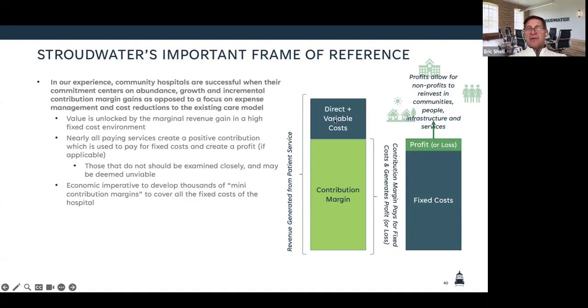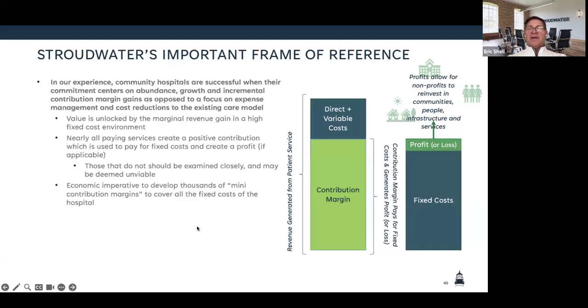Let's just say our variable expenses for this admission, food, drugs, maybe $1,000. So what we just did is we created $9,000 of contribution margin. That's what we call this. It's the difference between our revenue of $10,000 less our expenses of $1,000. Contribution margin goes to cover all of our fixed costs and our step fixed costs, plus it creates profit or loss depending on our volume and our cost structure.